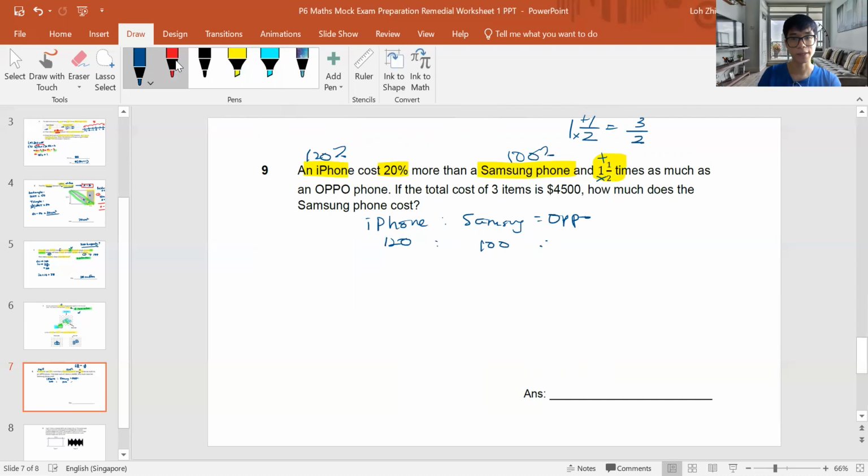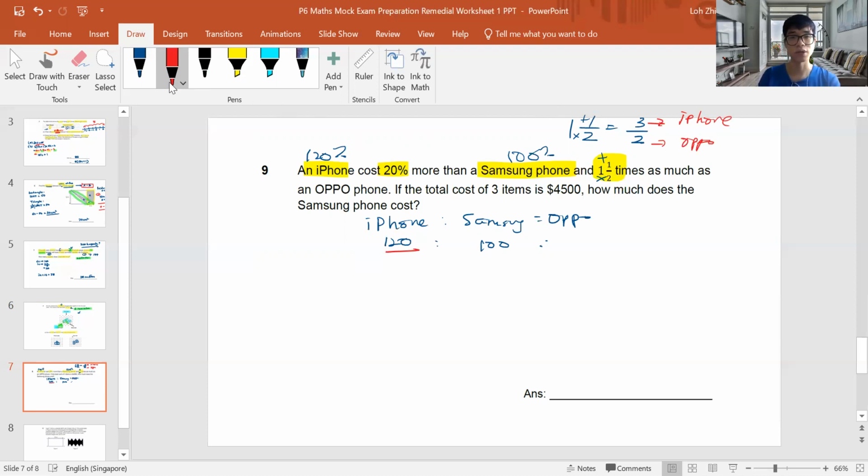Okay. Then now, you need to know that this 3 represents the iPhone. Why? Because here it says an iPhone costs 20% more and 3/2 as much as an Oppo. So here's the Oppo. Now, I know iPhone now is actually 120. So now this iPhone is given here as 3.